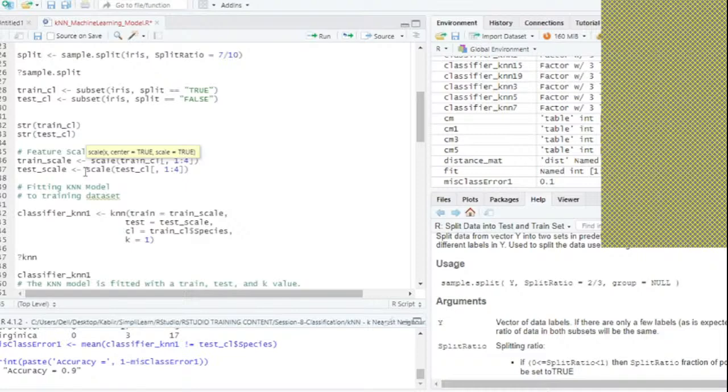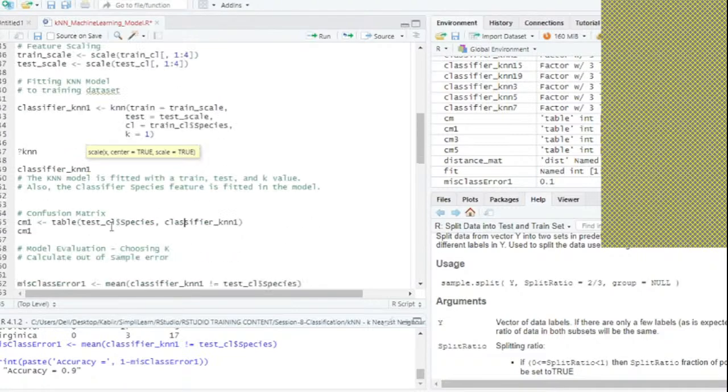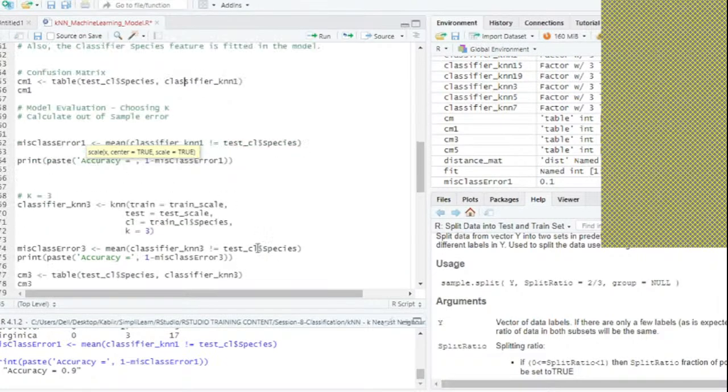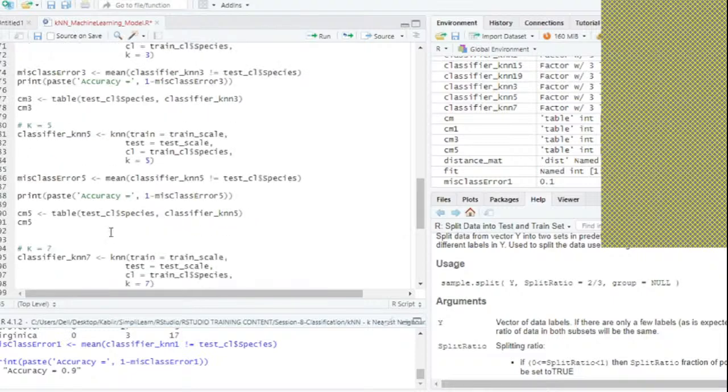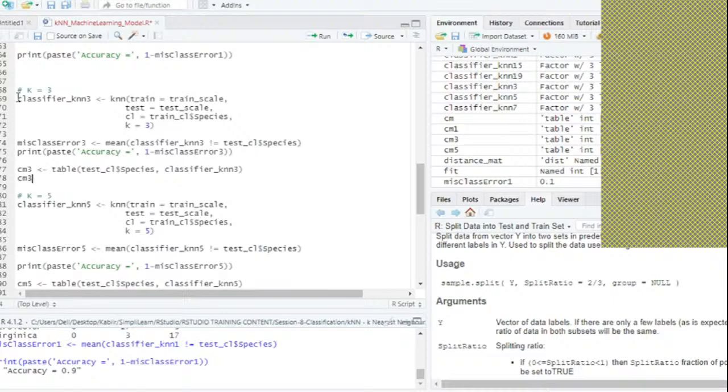Next, just increase the value of k. Let's increase the value of k to 3 and see where you get the optimal, 3, 5, 7. You can just try and see where you are getting an optimal accuracy. If I put k equal to 3, the rest of the commands remain the same. We are just checking the optimal accuracy.